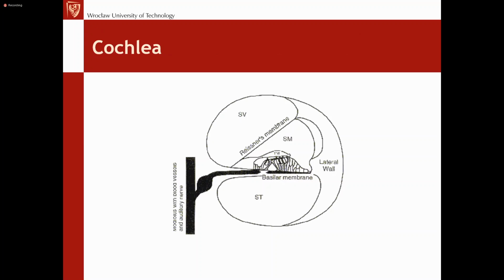And of course, some nerves are formed into a nervous channel, and this nervous channel goes directly to the brain.